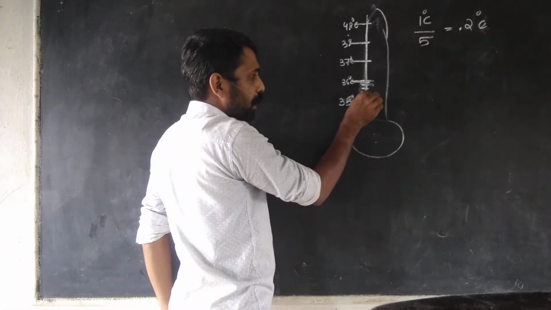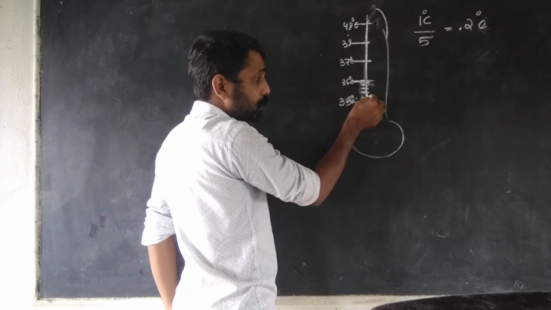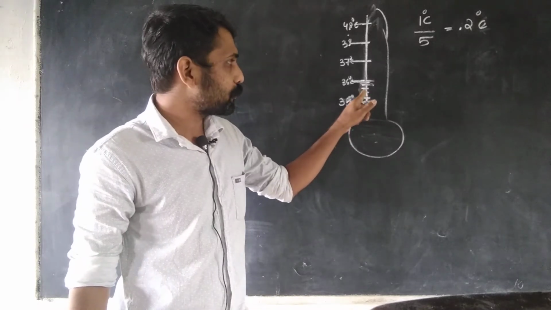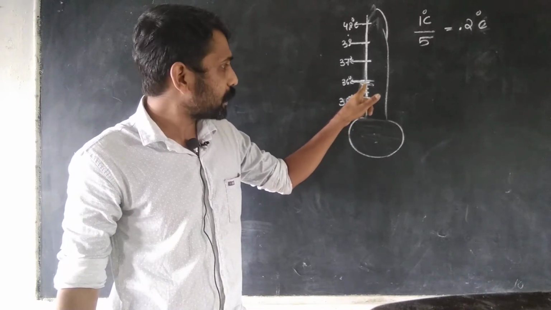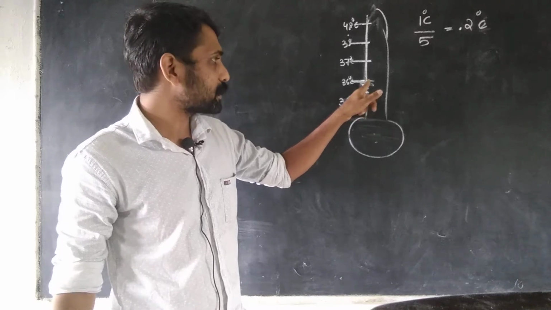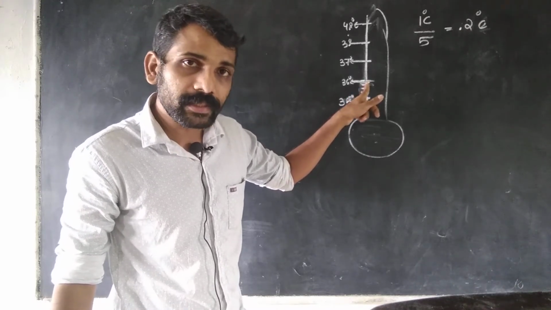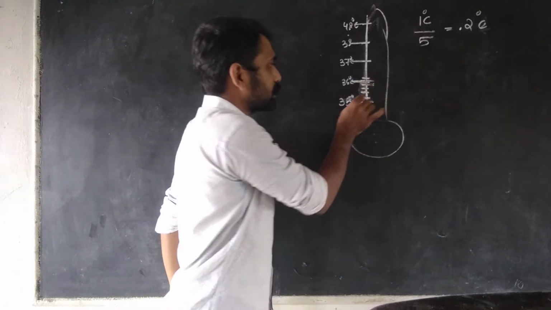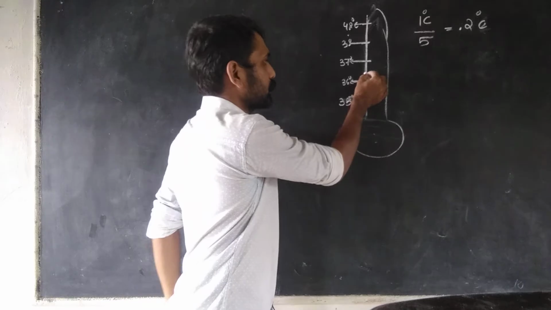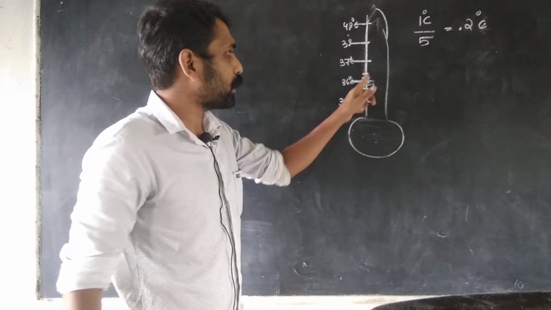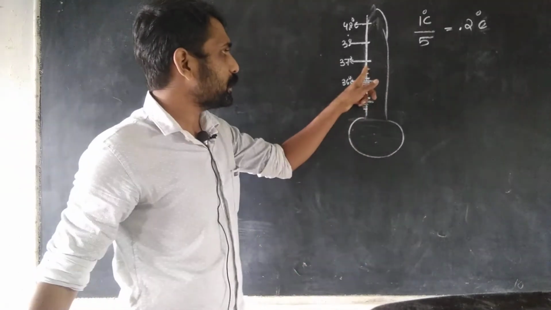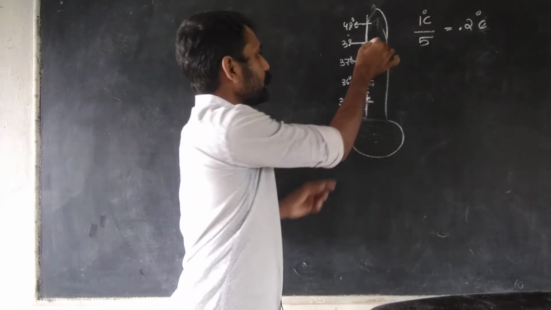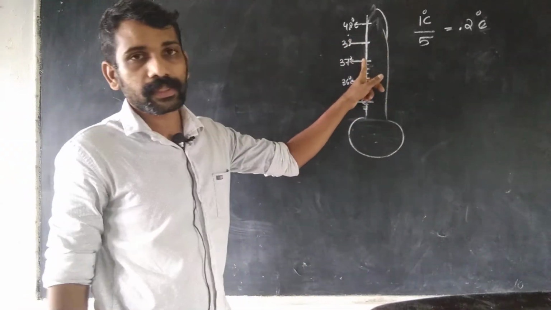So this is 35.2 degree Celsius, 35.4 degree Celsius, 35.6 degree Celsius, 35.8 degree Celsius, and next 36, 36.2 degree Celsius, 36.4, 36.8, and 37 degrees Celsius, like that.